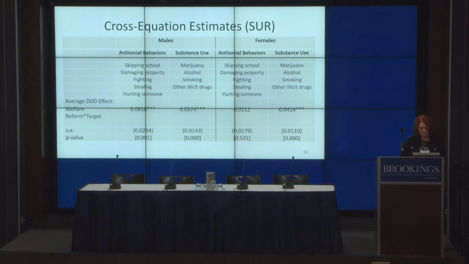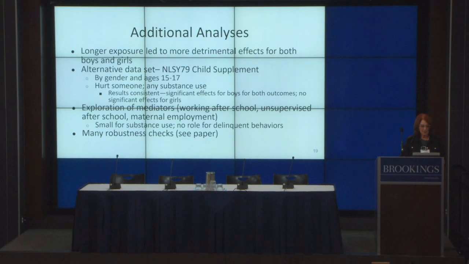The boys were about 0.057 standard deviations more likely to use substances, and the girls were about 0.042. So substance use was stronger for boys than girls, and antisocial behaviors was only the boys.